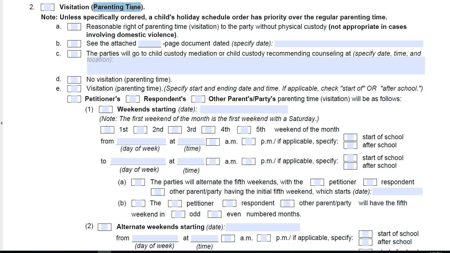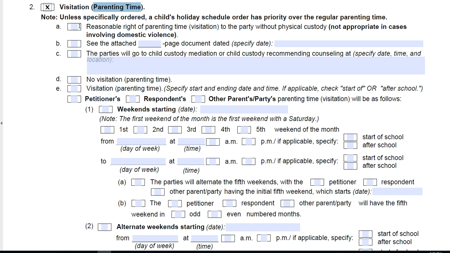It says here parenting time. I like to think of visitation as more of the schedule. So what is the schedule that the children are going to have in terms of visiting with each parent? So we're going to mark the box for visitation.